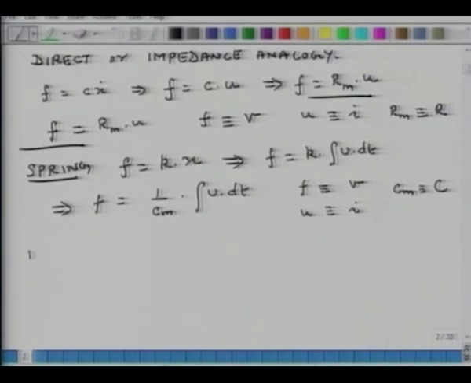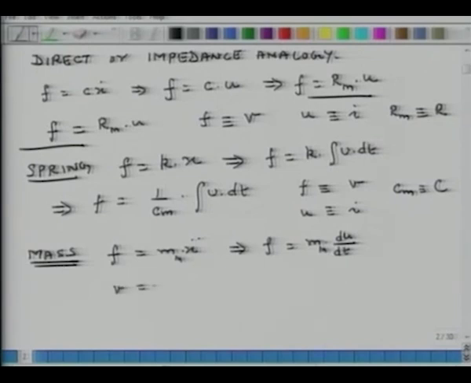And then I go to mass. Here force equals mass times acceleration, that is, force equals mass times the first derivative of velocity with respect to time. We had earlier used mm, that is moving mass, so I'll just use the same notation, and I know that in the electrical domain voltage equals L di over dt.